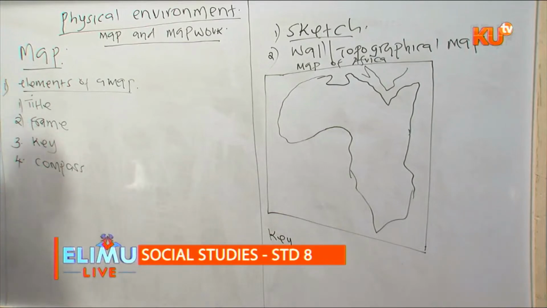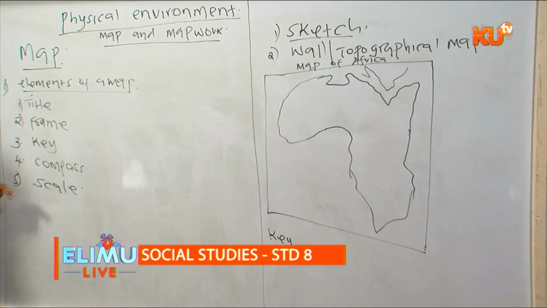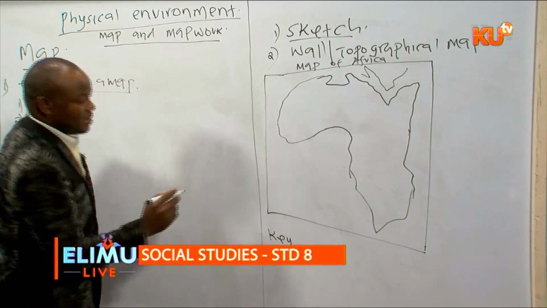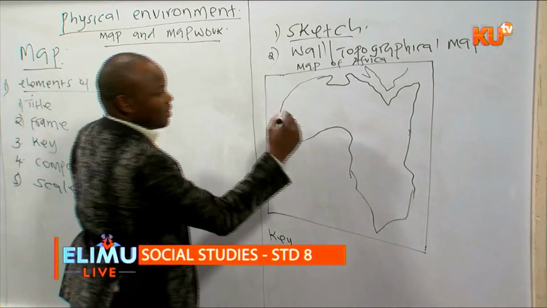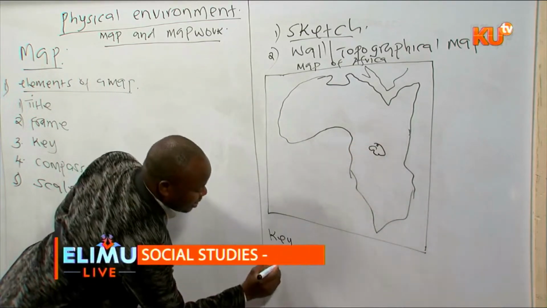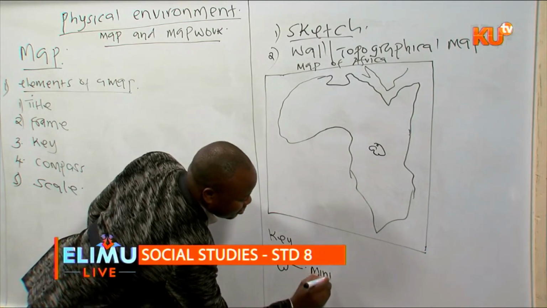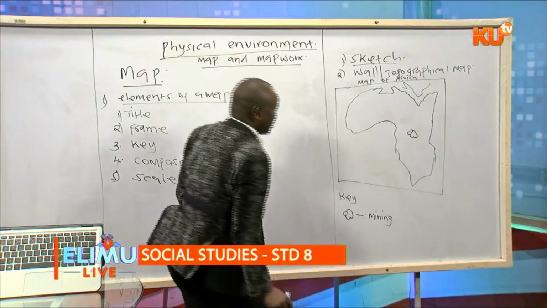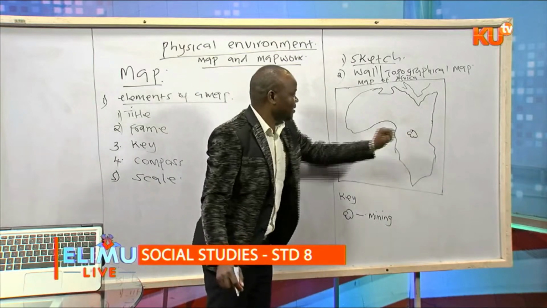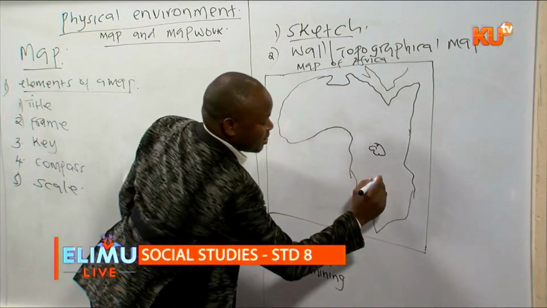So the first thing that we must know is that the map should have all elements, including the scale. Let us assume that we have a quarry here. I'll come here and write something of that sort. This is mining, which takes place maybe in a given place. Then within that key, we have the mosque.